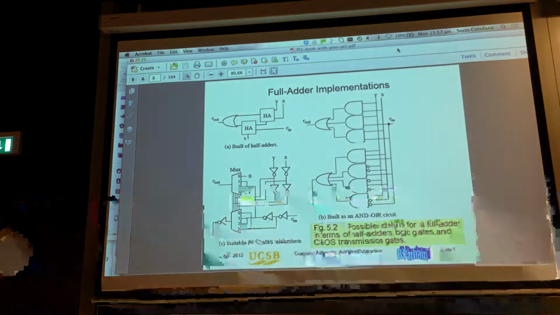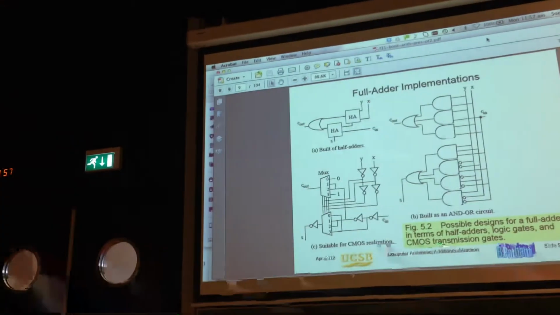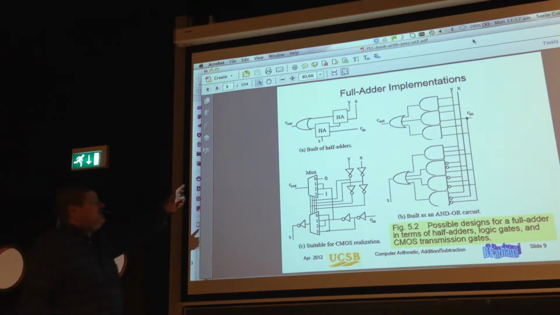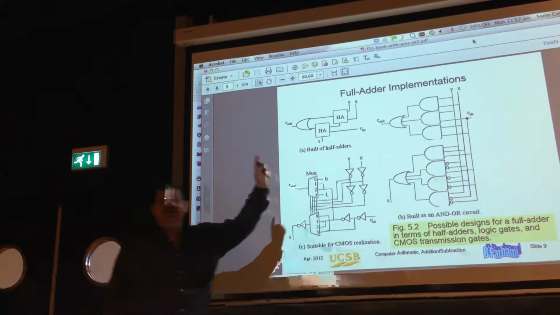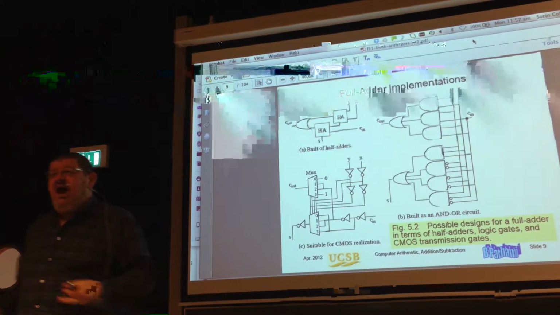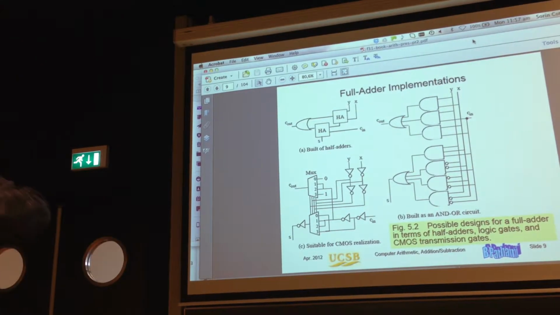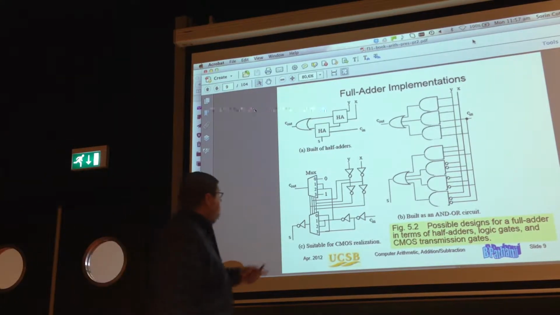You can implement full adder also in many ways. This is a hierarchical implementation which we rely most of the time on in order to construct circuits. I have basic building blocks and I apply hierarchical constructions. I can also rely on muxes.